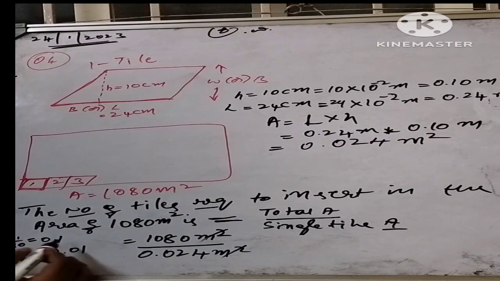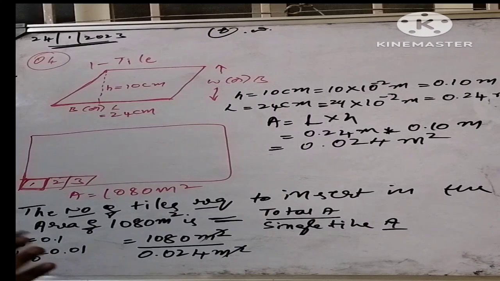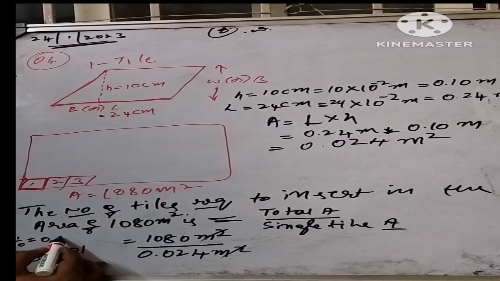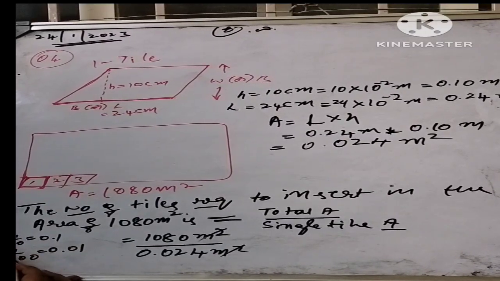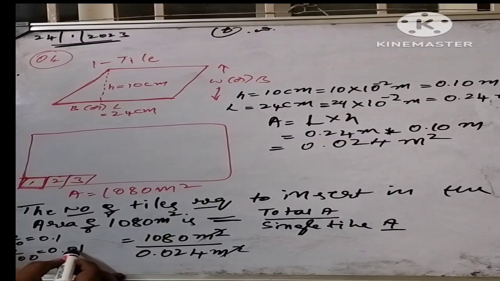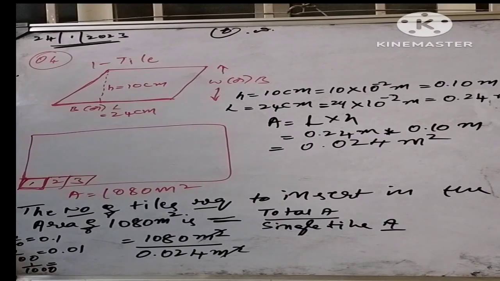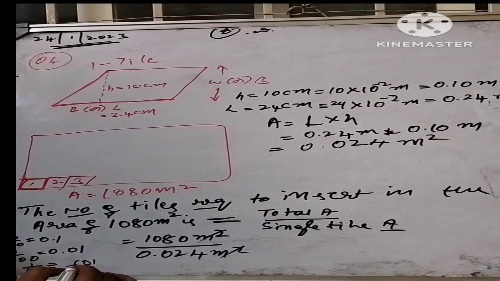For 100, there are 2 zeros, so after two numbers I take the point. So for 1 by 1000, after three numbers you should take the point. Like this, you have to remember.